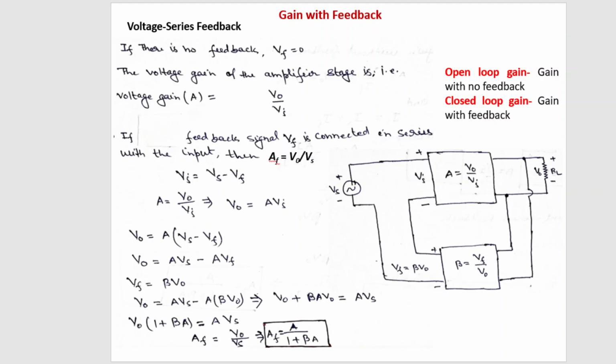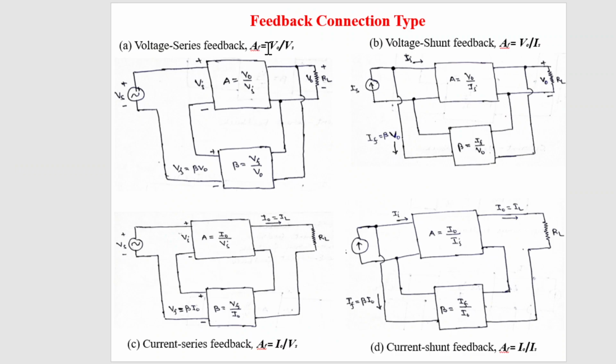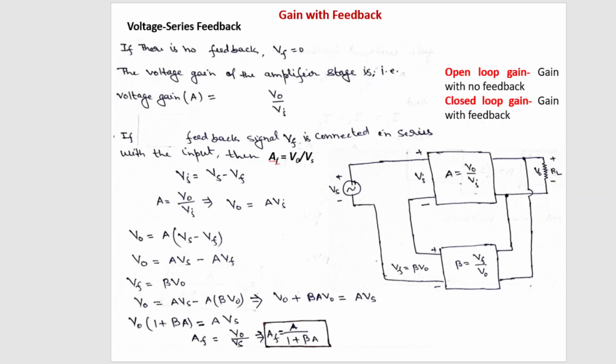That's what we have defined in my previous lecture also. AF is equal to VO upon Vs. So now we have to find out the value of AF, that is gain with feedback, and this AF value should be in terms of known quantities.